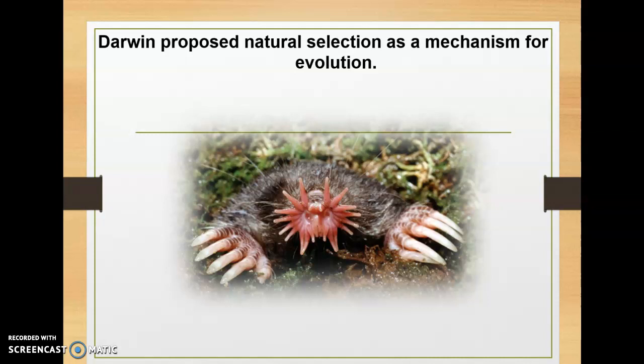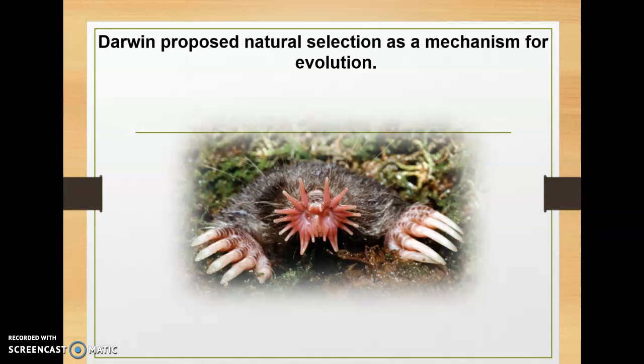And I just kind of put this crazy picture here of this star-nosed mole. So when you think about crazy things and why they are the way they are, you can look at this guy. When we talk about evolution, we're going to be talking about characteristics that make the organism successful in its environment, meaning that it lives and it lives to reproduce, and its offspring will also live.